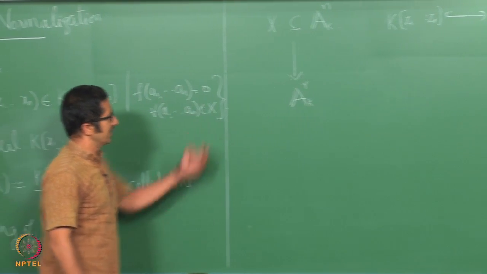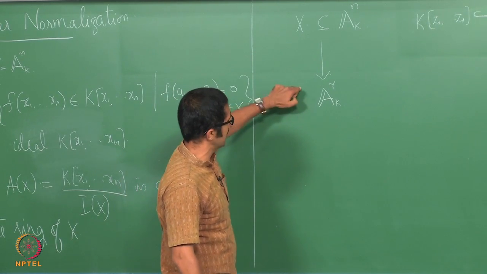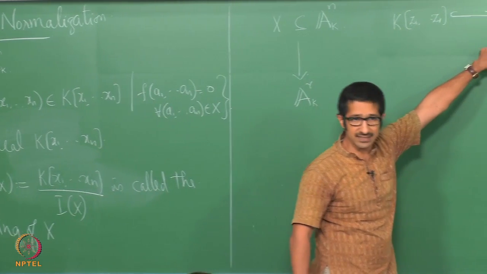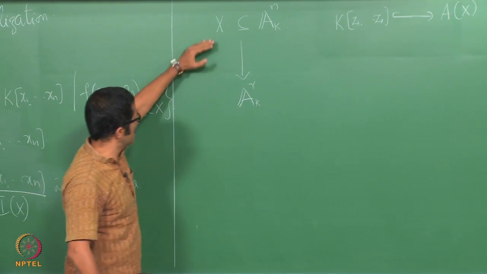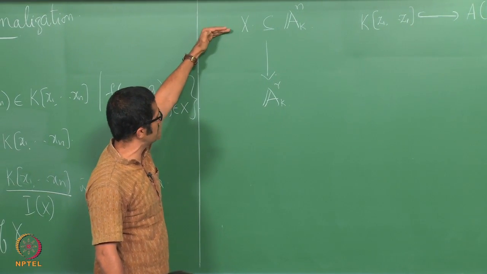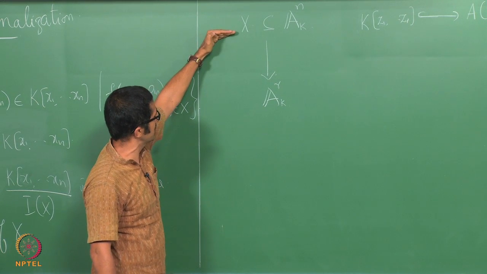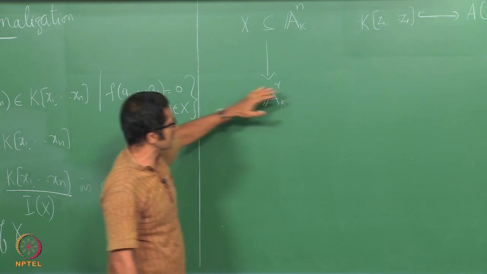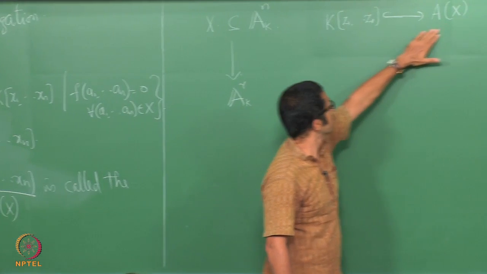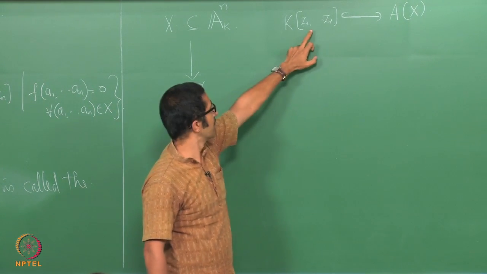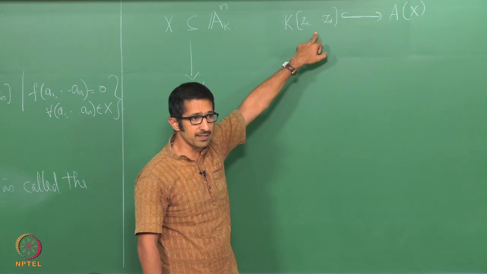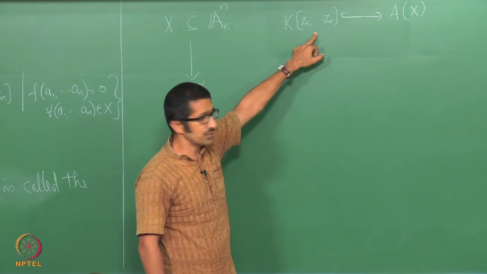If I have a projection like this, then I have a map like this. What one looks for in geometry is, can we have a projection like this so that A(X) becomes a finite extension of this polynomial ring K[z1, ..., zr].